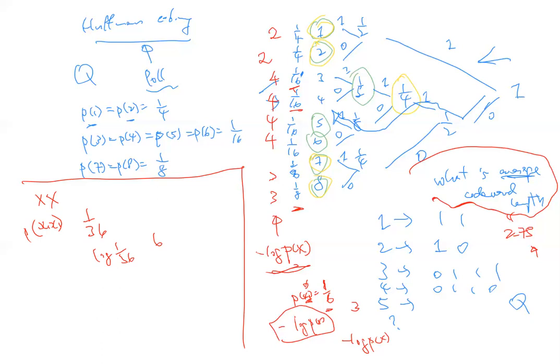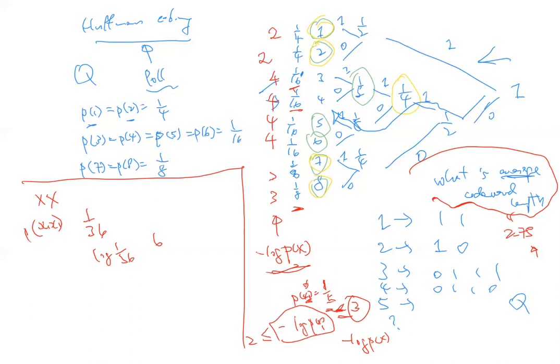Let's see. Maybe I change it to 1/5, which will be better. If I change it to 1/5, using Huffman coding I would need, because log 1/5 is between 2 and 3, I'm forced to use 3 bits to store this.